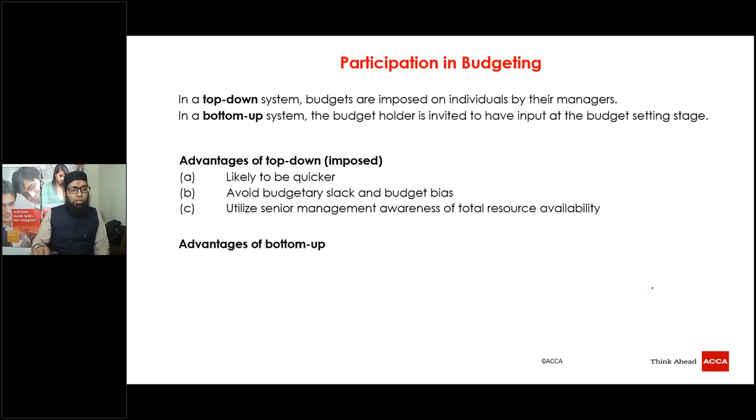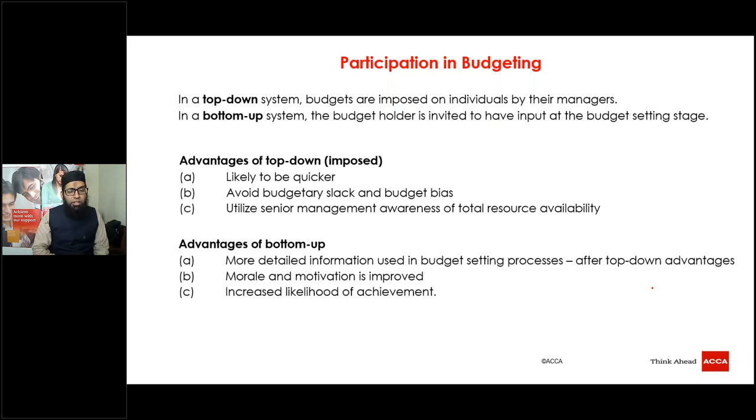So there are a few advantages of top-down, and there are also a few advantages of bottom-up. The first advantage of the top-down approach is that setting the budget with that method will be quicker. It also avoids budgetary slack and budgetary bias. So there won't be any bias while preparing the budget.